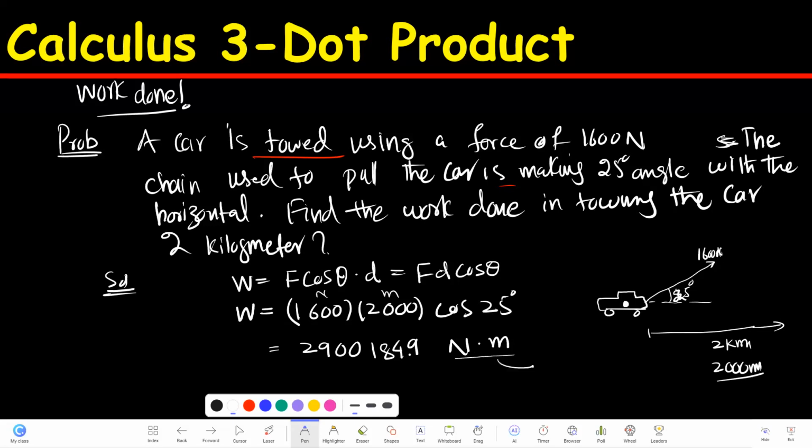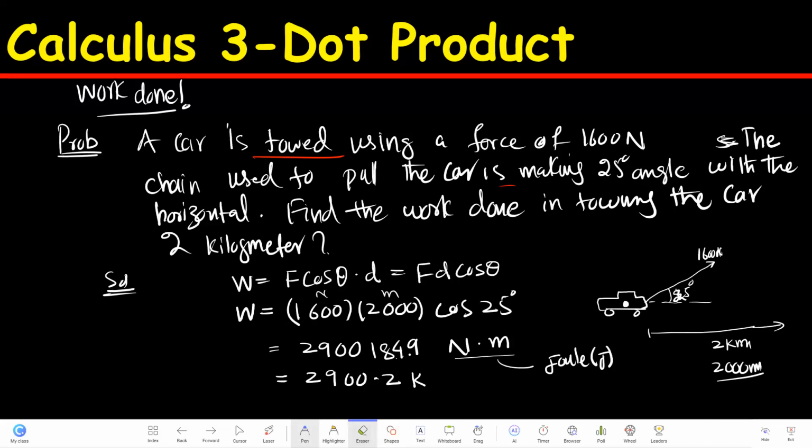I can write this Newton meter as joule, or J. It's a pretty big number, so I can use kilo: I move the decimal by 3 places and round off, so 2900 kilojoules. I don't want Newton meter, so I write joules. And that is my answer.